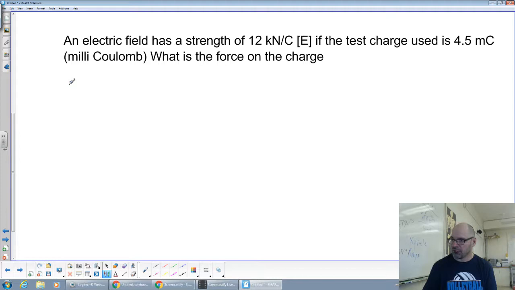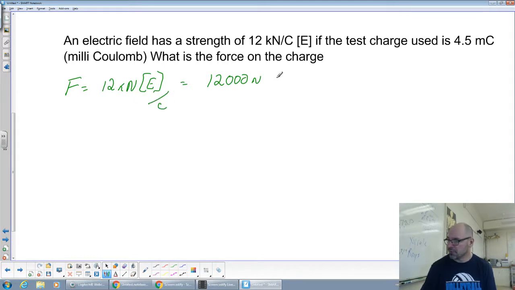Okay, so our field is 12 kilonewtons per coulomb east, which if we want, would be 12,000 newtons per coulomb east.